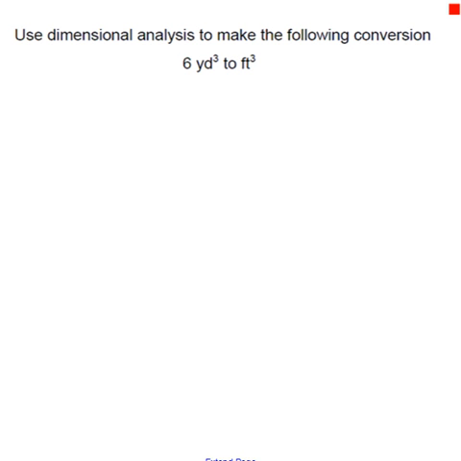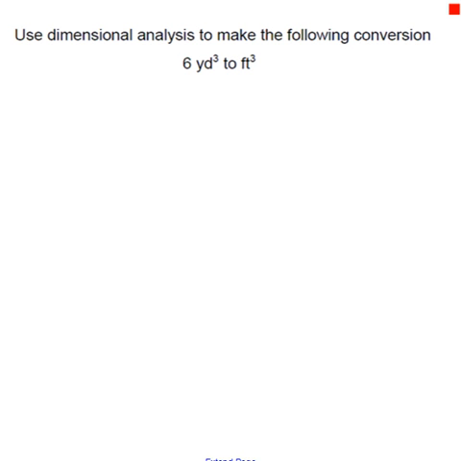Next one says use dimensional analysis to make the following conversion. I'm doing this one because people really have a hard time with these ones that are things like cubic yards and cubic feet. So remember, if you have volume or area measurements, you got to be careful about how to do these. So watch what I'm going to do.